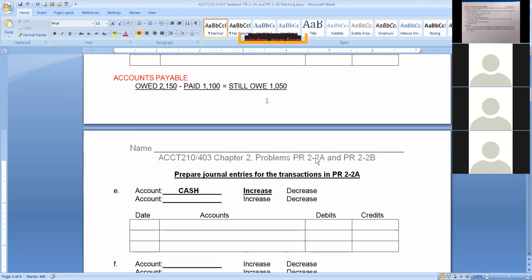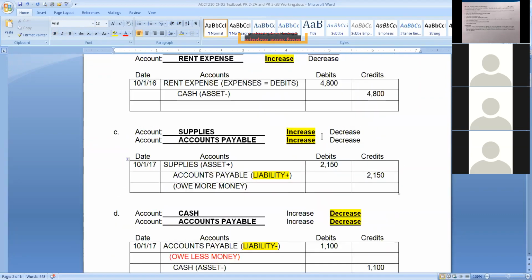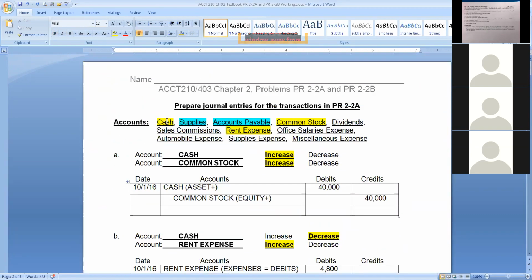Let's go up to the top. All right, of all these accounts, so we got the cash. What's the other account we're probably going to use? Sales commissions?